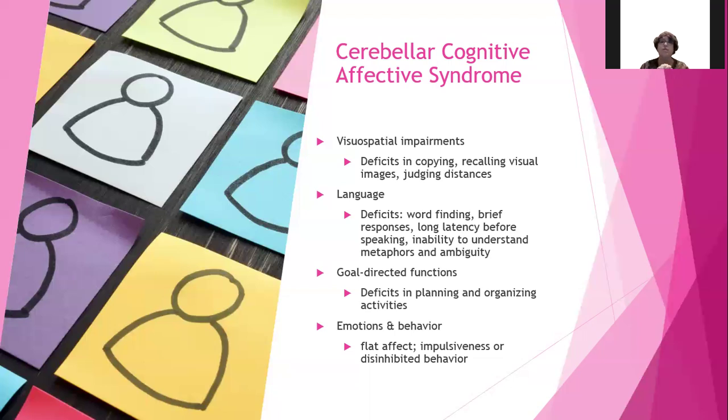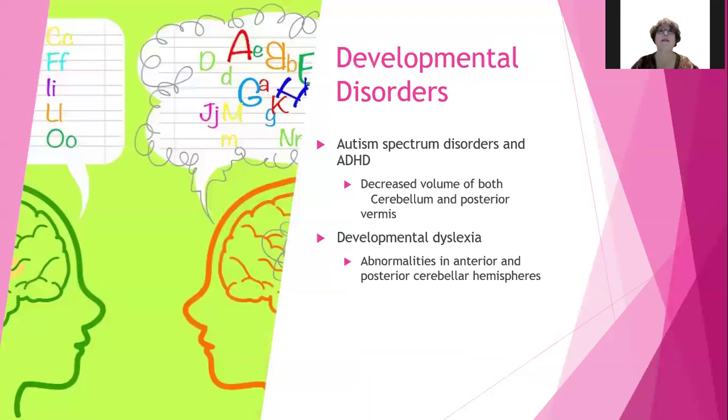There can be deficits in planning and organizing for goal-directed functions, and a flat affect, meaning they don't display nonverbal emotions, and impulsiveness or disinhibited behavior. So cerebellar cognitive affective syndrome can affect a lot of different things.